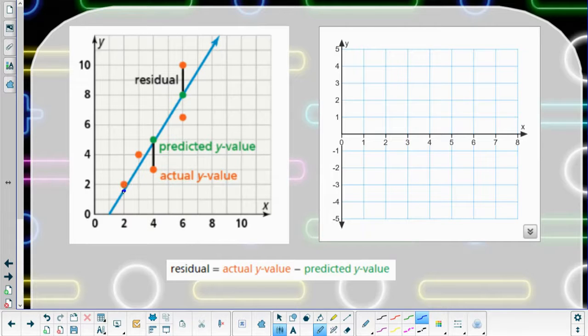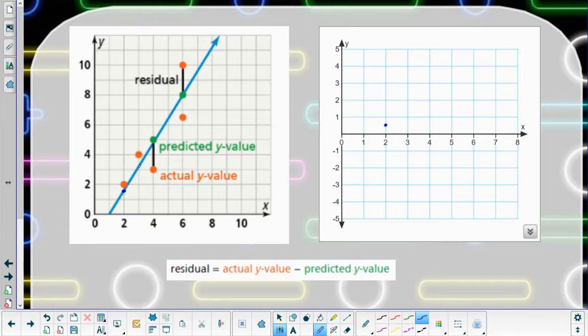Really my actual value is half a point above this one, because it's a positive 1/2, actual minus predicted. So I'm going to go to where x equals 2, go half a point above, and put a dot. Because this is my residual, like my line of best fit, I'm half a point above that.